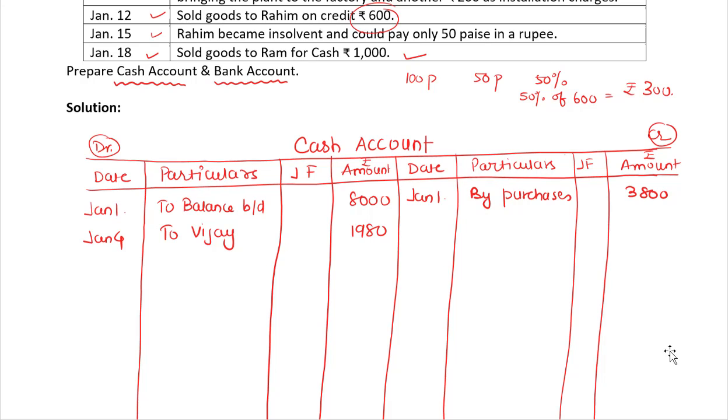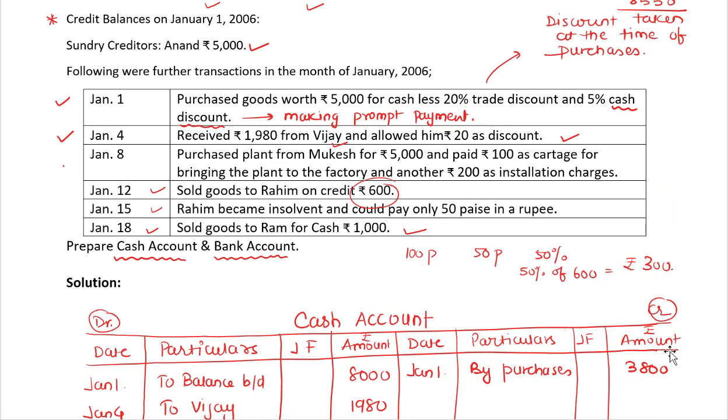Let's move ahead. On January 8, purchased a plant from Mukesh for 5,000 and paid 100 as cartage for bringing the plant to the factory. This 100 would be in cash because it is cartage, and another 200 as installation charges. We assume it as payment of cash, right?